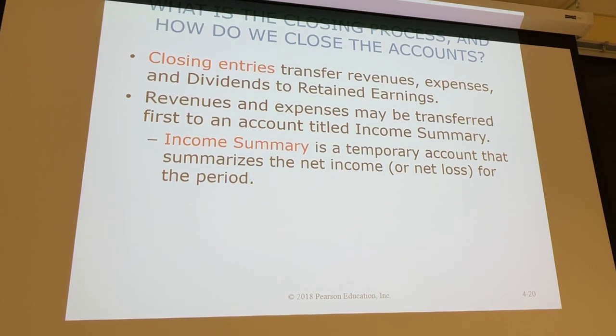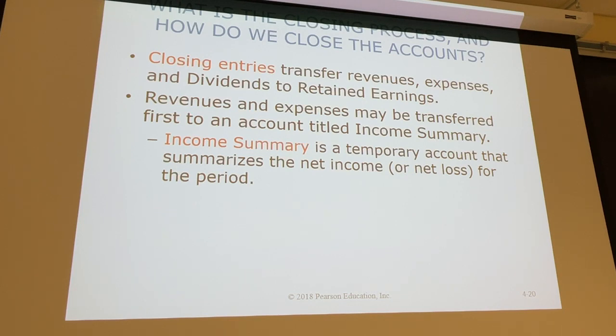And in the closing process, we will use the special account that we call income summary to summarize how much net income we have for the period in order to move that net income into retained earnings.